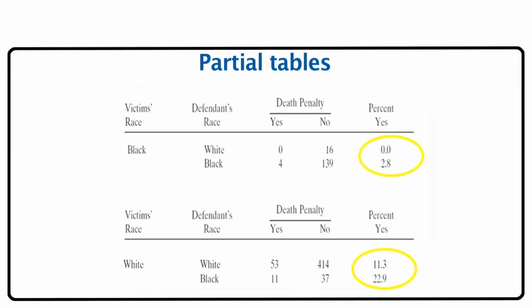So again, when the victim is white, the death penalty is awarded more to black defendants than to white defendants. So to sum up, for the case when the victim is black, defendants are more likely to be awarded the death penalty, and for the case where the victims are white, again black defendants are more likely to be awarded the death penalty.